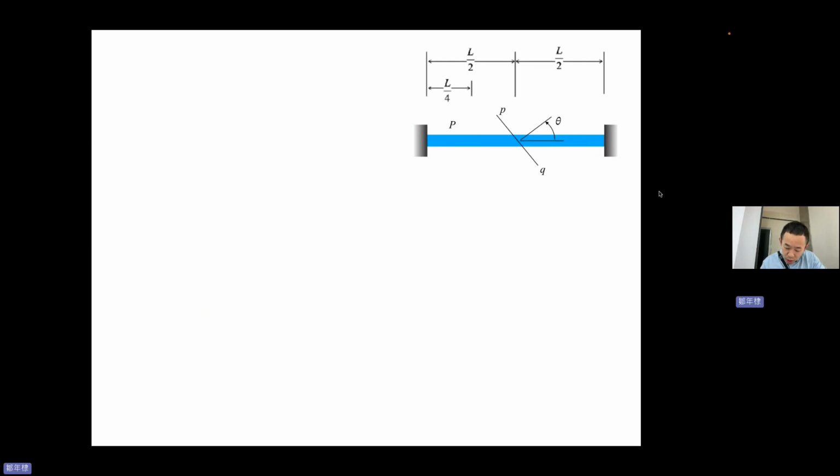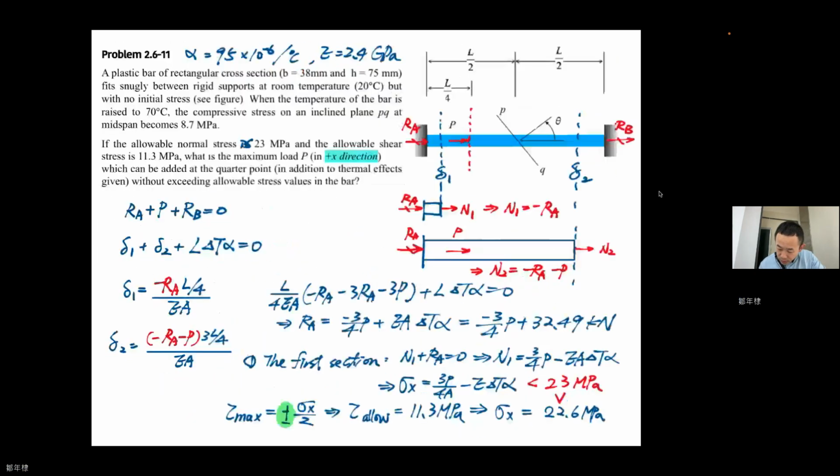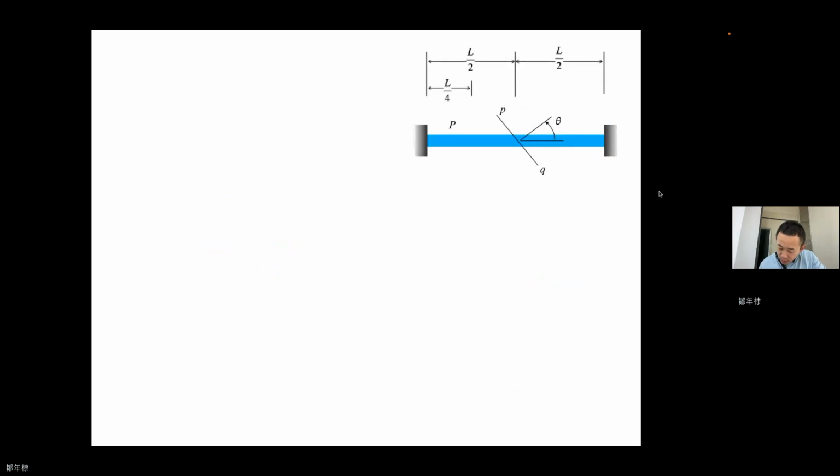Let's continue. So the first section, okay, and sigma x equal to 3P/4A minus E delta T alpha, and which is really important, plus or minus 22.6 megapascal.